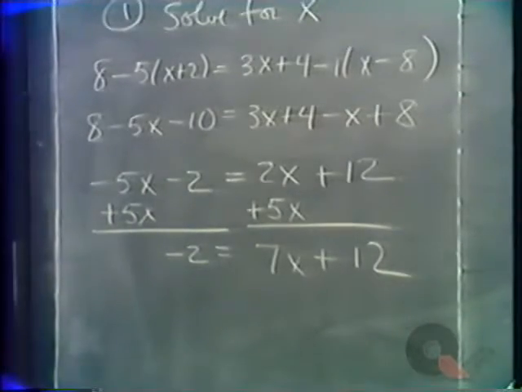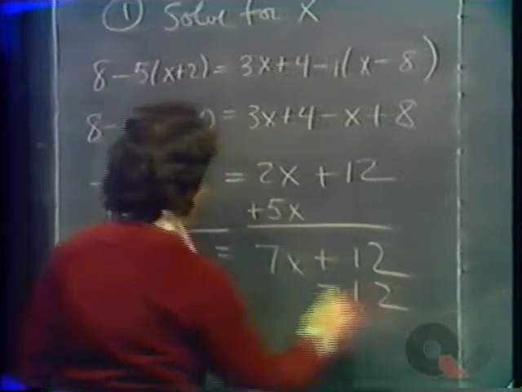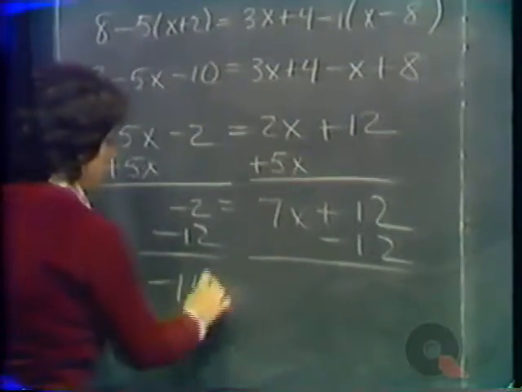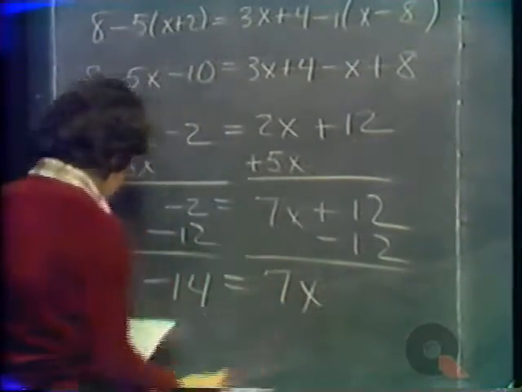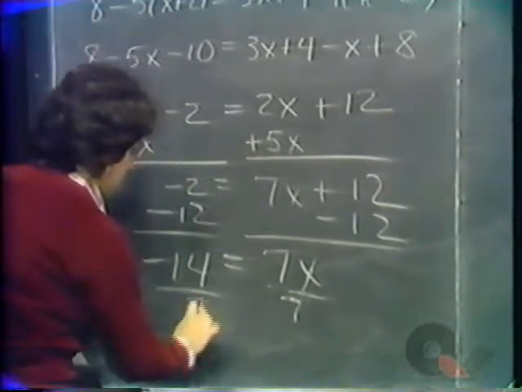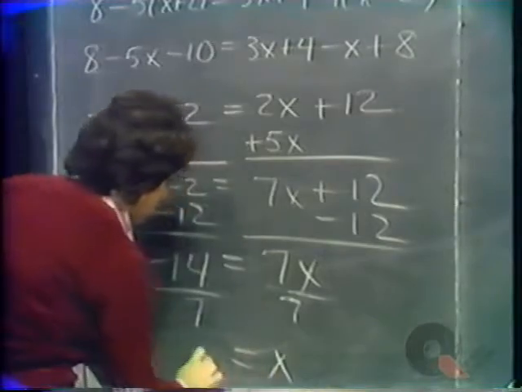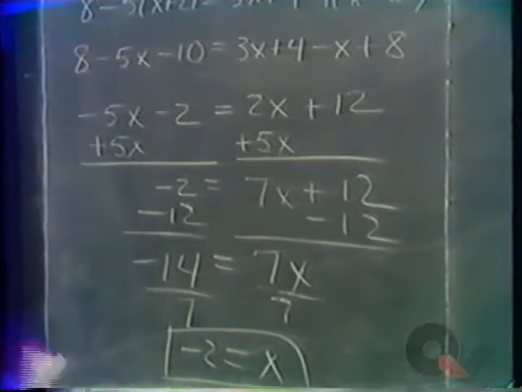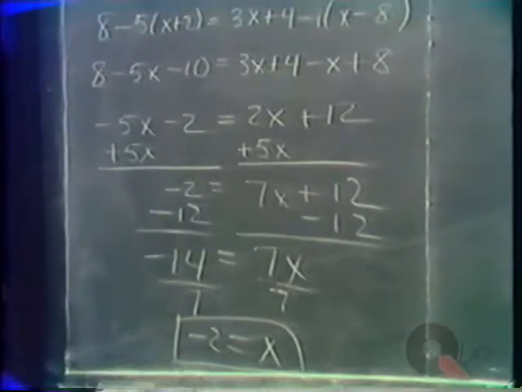If you then subtract 12 from both sides of the equation, we will get minus 14 equals 7x, and dividing through by 7, we get that x equals minus 2, which is the answer. Of course, in an equation we should check.